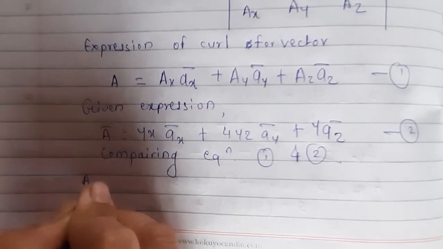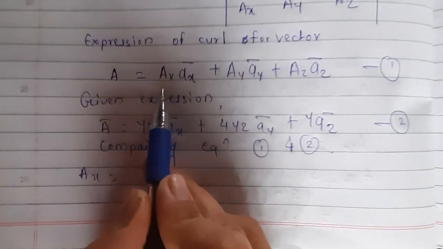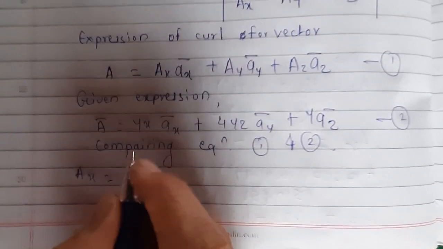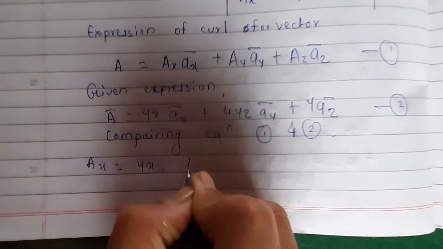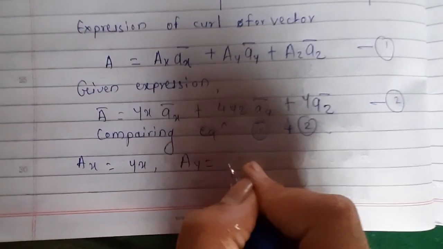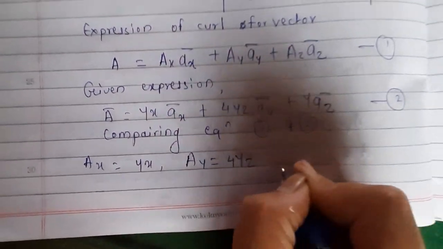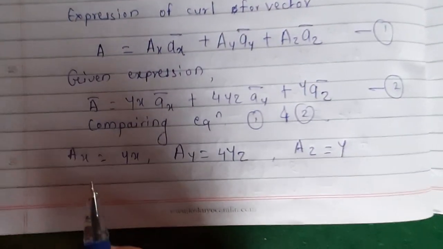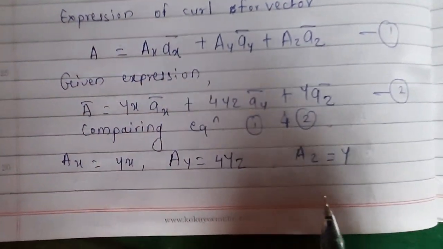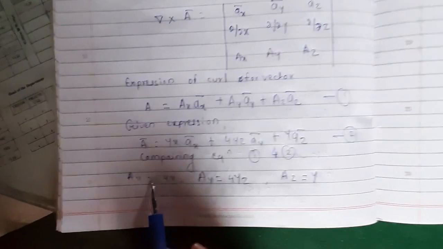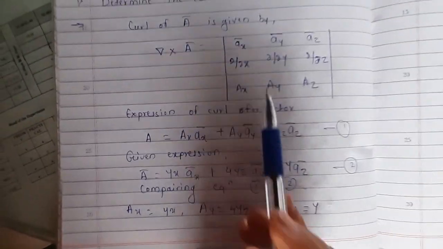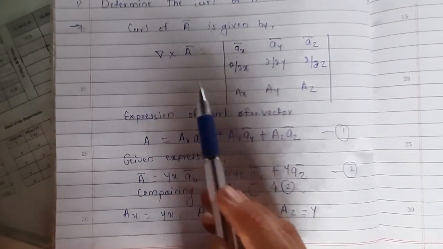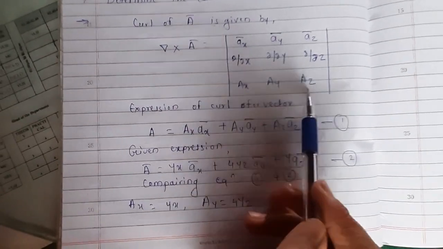So ax is yx, ay is 4yz and az is y. Now put these ax, ay and az values in this equation, that is, the curl of a.